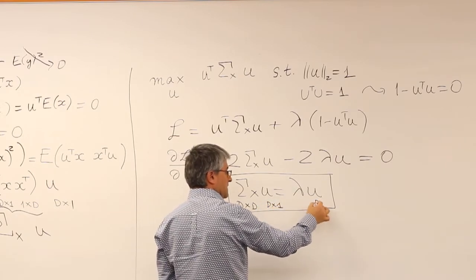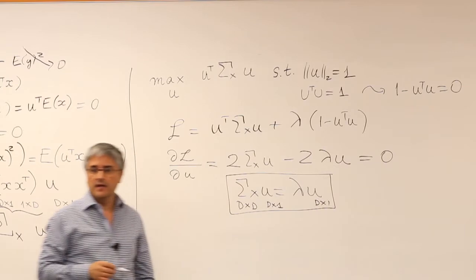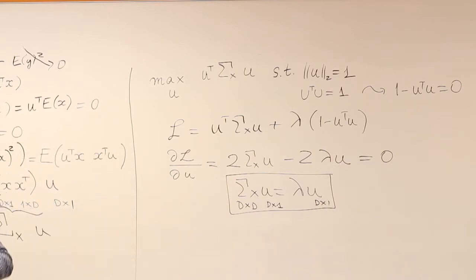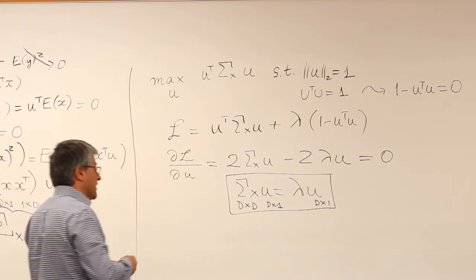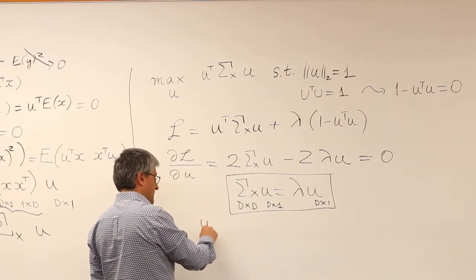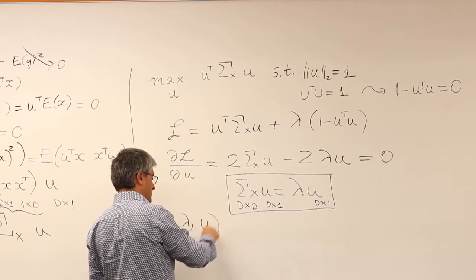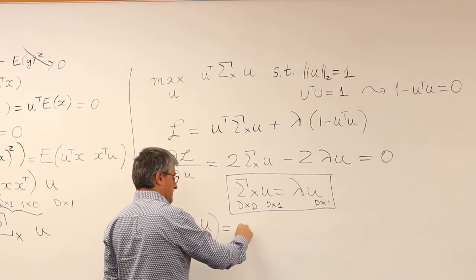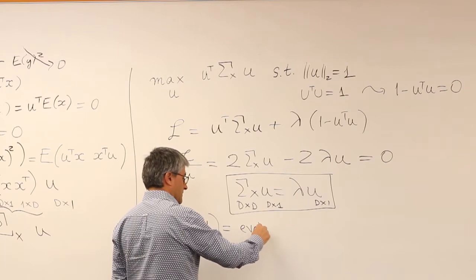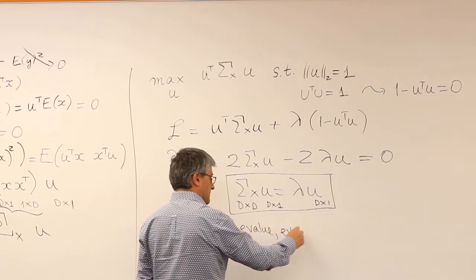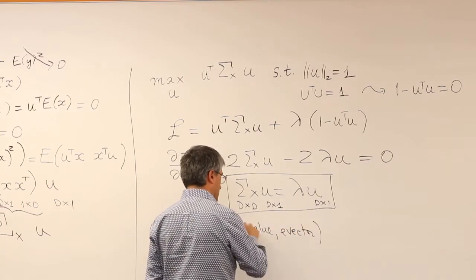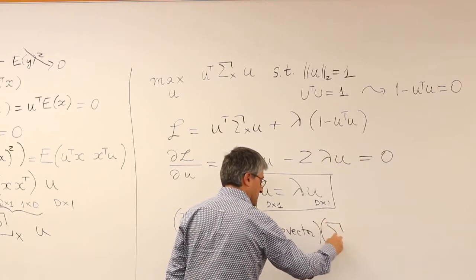This is a scalar and this is a d by 1 vector. So a matrix times a vector is equal to lambda times the same vector. Have you ever heard of such a thing in your life? What is it? Eigenvector, eigenvalue. So I conclude that lambda, u is an eigenvalue, eigenvector of the covariance matrix sigma.